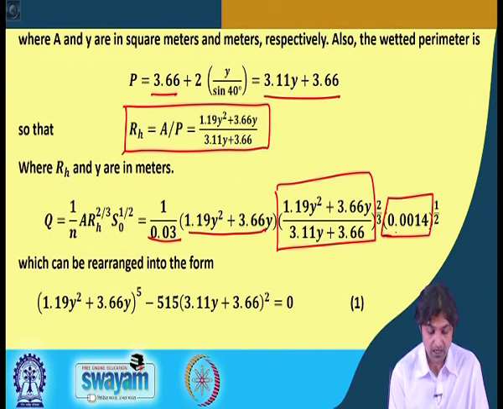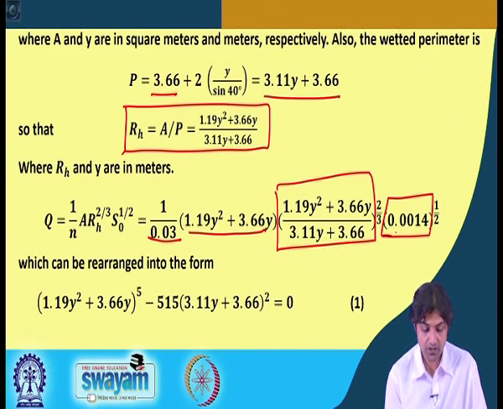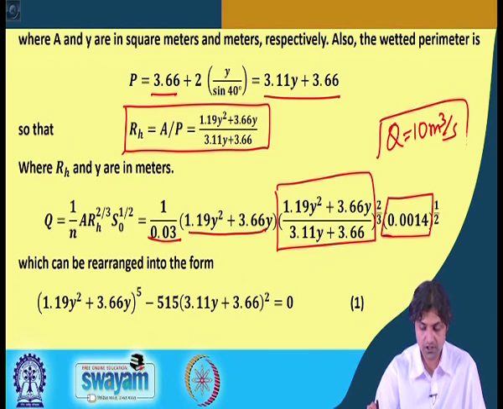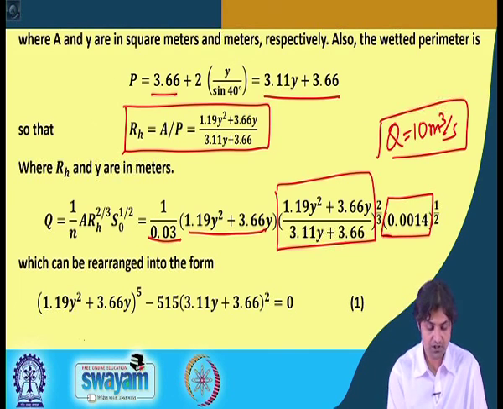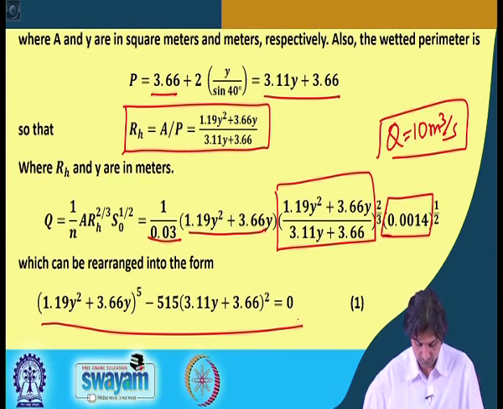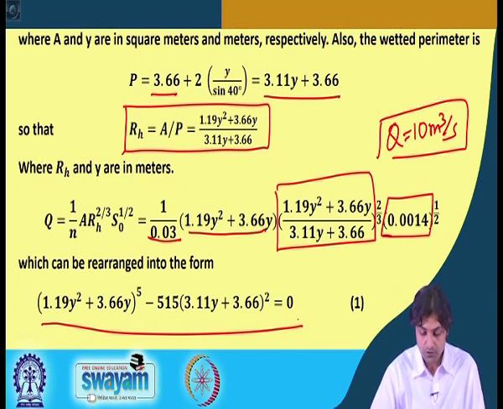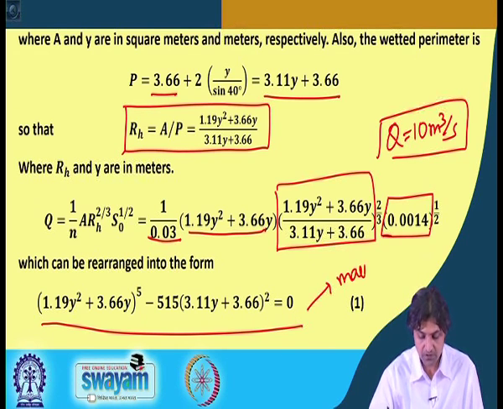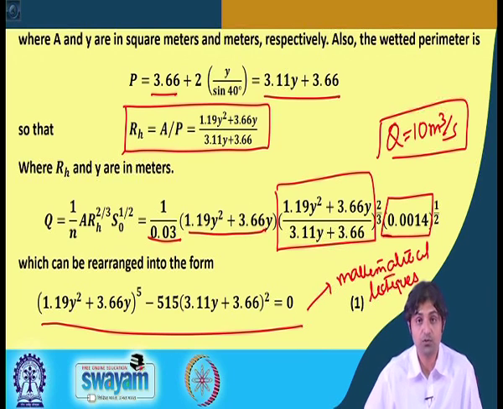Now, what is the value of Q that we are going to use? That is Q is 10. It is a complex calculation, but if you solve using this, you will get an equation like this. So, you can use mathematical techniques. This is not a question that will be given to you in an exam or test, but this is just to demonstrate how things can be found out.